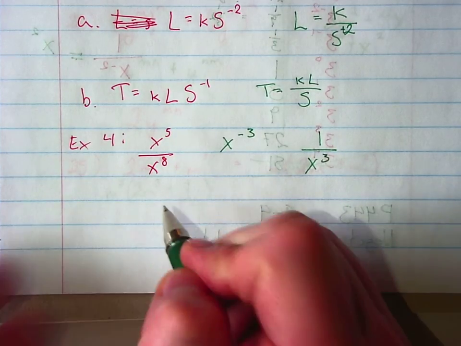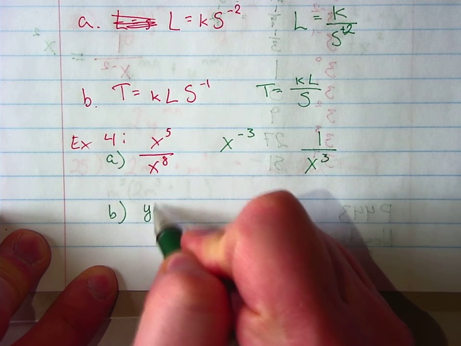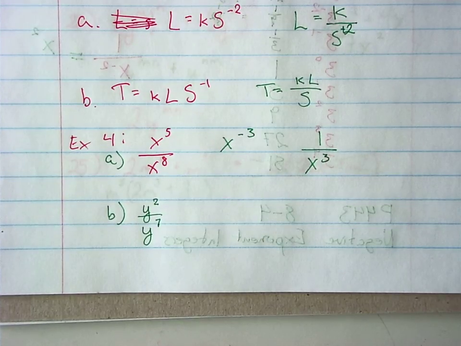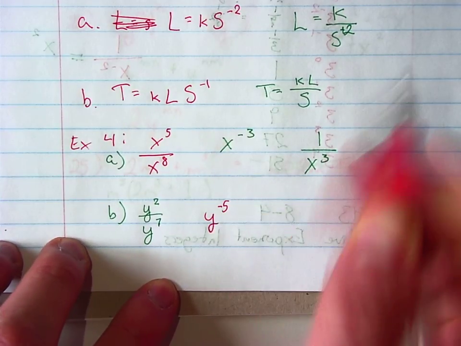Let's call that A. For B, let's do y squared over y to the 7th. Give you 15 seconds to get both answers. Go. Y to the negative 5 or 1 over y to the 5th.